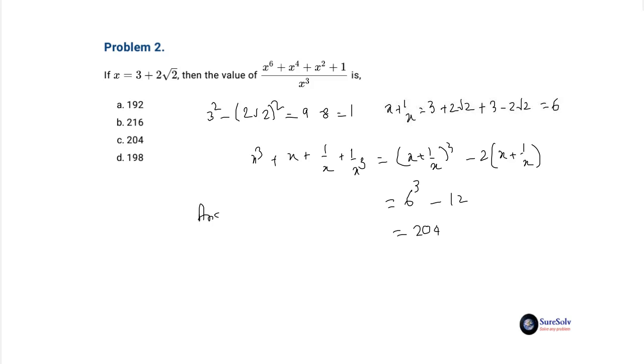Answer option C, 204. This problem needed application of a rule for formation of the sum of inverses of a surd variable free of surd, and then transformation of the target expression by identifying and using a special pattern. The solution was quick and all in mind.